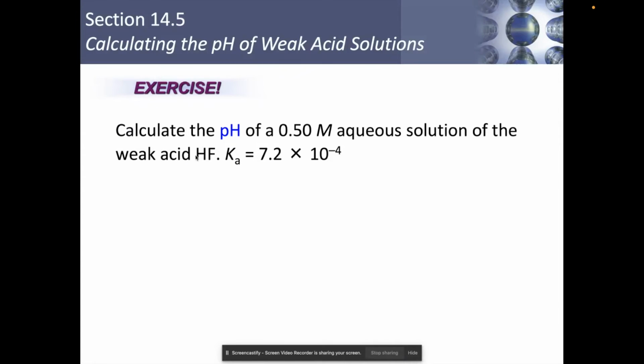Most people assume it is because hydrochloric, hydrobromic, and hydroiodic acid are, but it just so happens that fluoride and hydrogen stick together extremely well, probably mostly because of the electronegativity of fluorine being so high. So in reality, the H doesn't donate as easily as you would assume. And so the Ka is 7.2 times 10 to the negative 4.